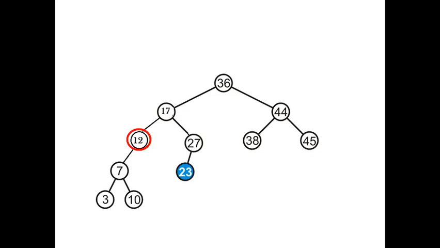Now if you recalculate the balance factor, it is obviously a left of left problem, but where exactly is the problem? It is 12, because as I told you, we should rotate at the node which is closest to the leaf node having the unbalancing factor. So if you calculate the balance factor starting from the leaf node, the first node which has an unbalancing factor has to be attacked. So 12 is the first node.